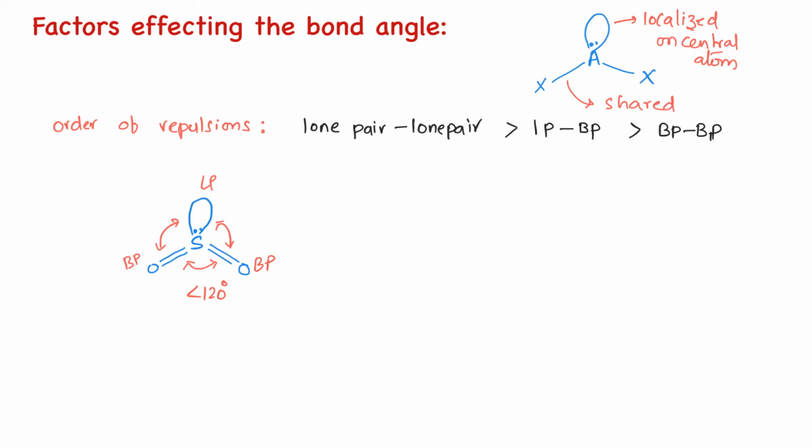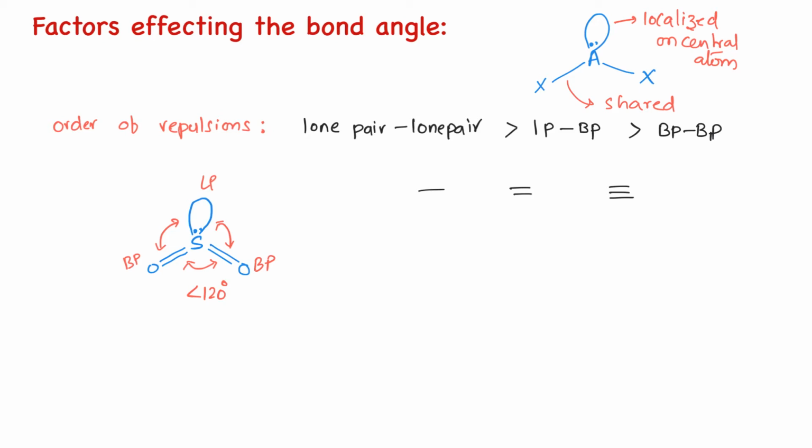Similarly, a double or a triple bond have greater electron density than a single bond. Therefore, they repel single bonds more than two single bonds repel each other.